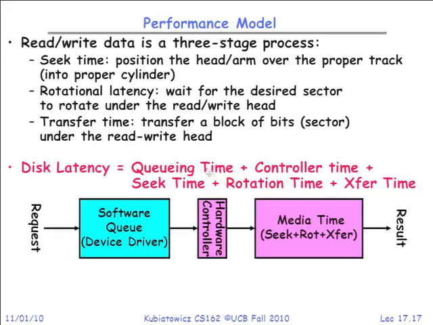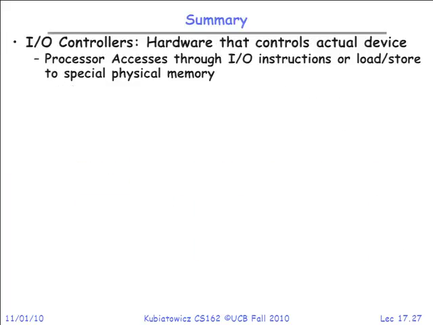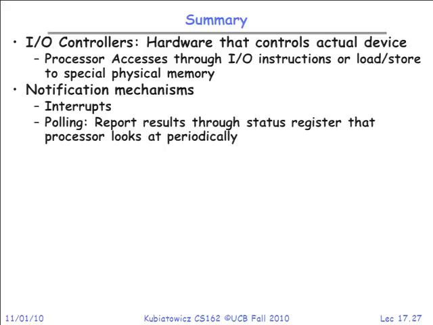So in conclusion, we'll actually show you the queuing model next time. I/O controllers are the hardware that actually control the device. The processor accesses them through I/O instructions or load/store to memory mapped addresses. We talked about notification mechanisms, interrupts and polling. We talked about disk performance and the model of disks.